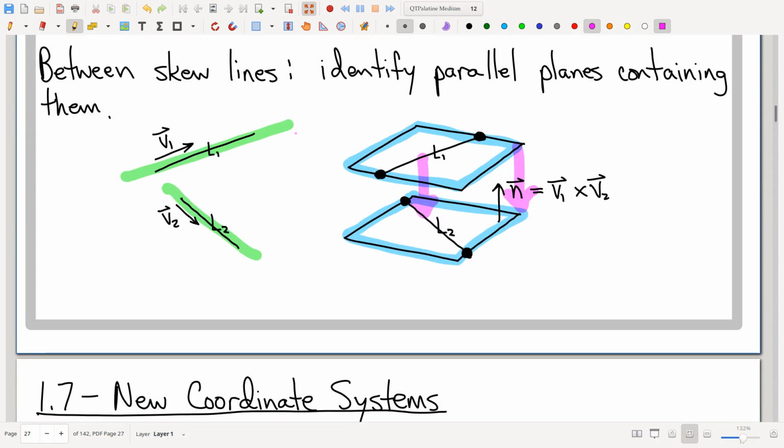So how do I persuade you that there are these two planes? Well, all I need in order to have these two planes is a vector that will serve as their common normal vector. And I just need that common normal vector to be perpendicular to both of the lines.